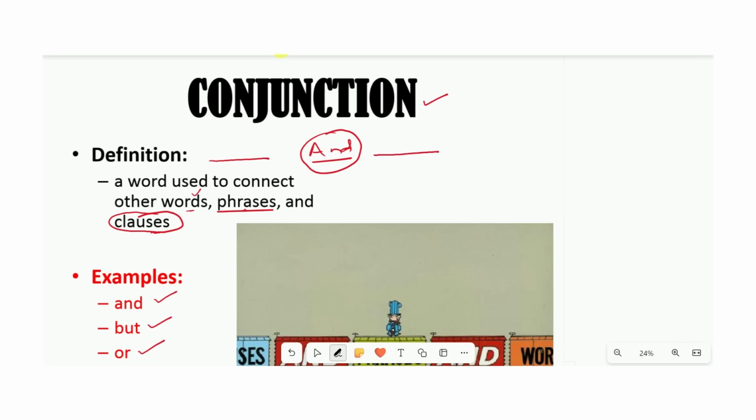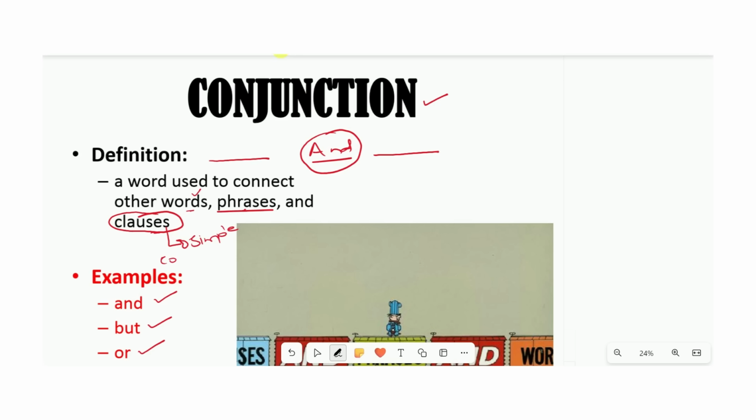So to repeat that, conjunctions are words that are used to connect words, phrases, and clauses. If you don't want to say clauses, you can say sentences. And with reference to the connection of clauses, remember I said conjunctions can also be used to establish whether this is a simple sentence or a compound.